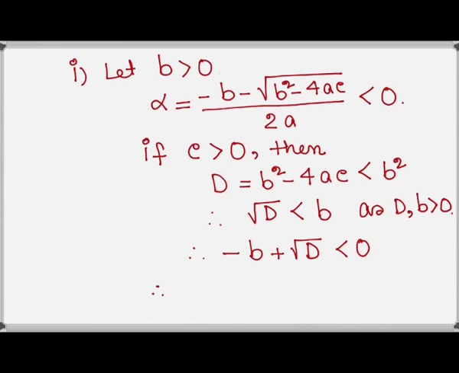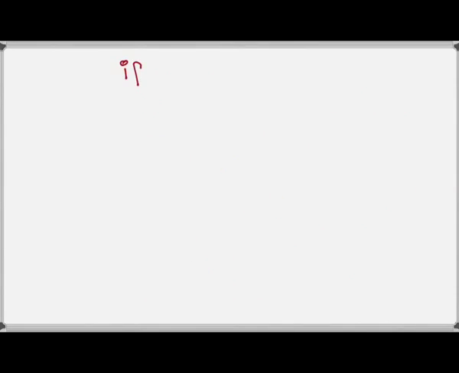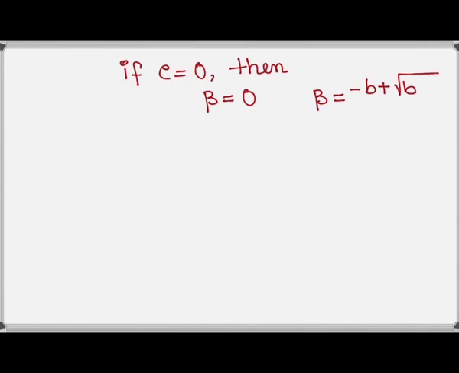So therefore beta, which is minus b plus square root of D divided by 2a, is negative. If c is equal to 0, then we have beta is equal to 0, because beta is minus b plus square root of b square minus 4ac divided by 2a.